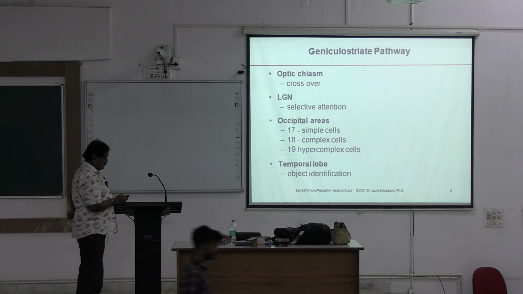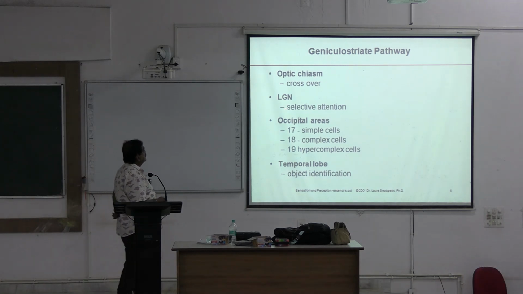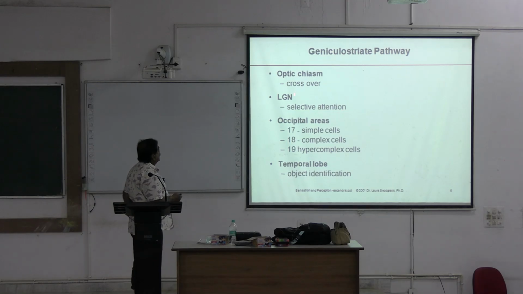Geniculostriate pathway: the optic chiasma crossover, the selective attention, left geniculate nucleus, occipital areas: 17 simple cells, 18 complex cells, 19 hypercomplex cells.